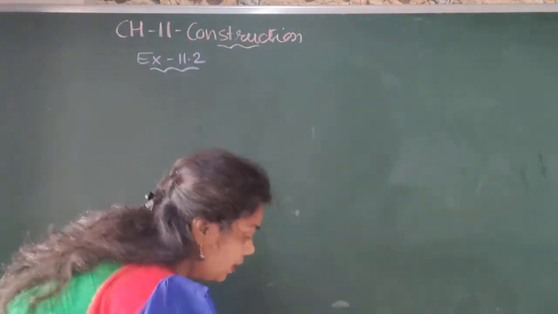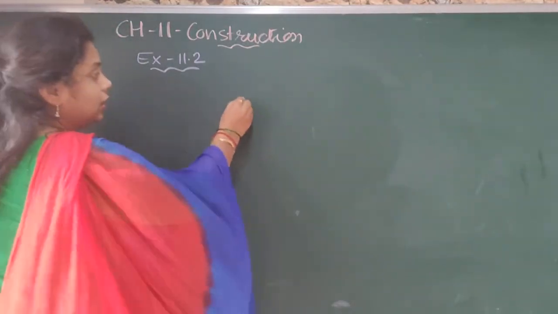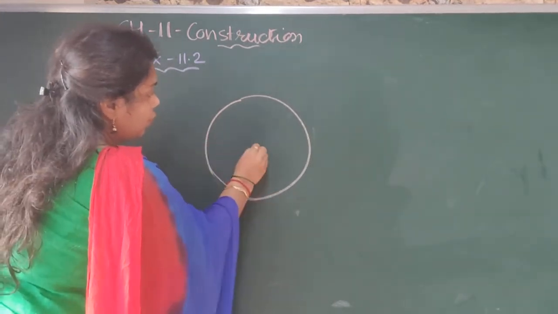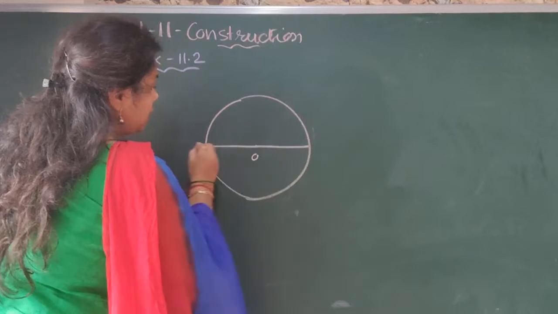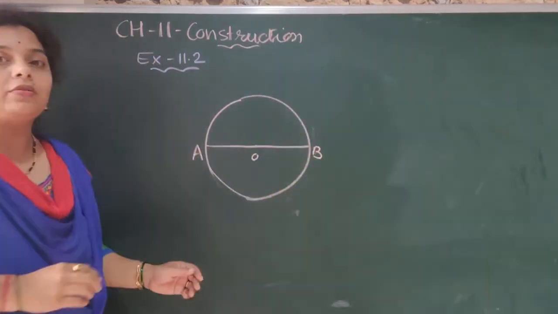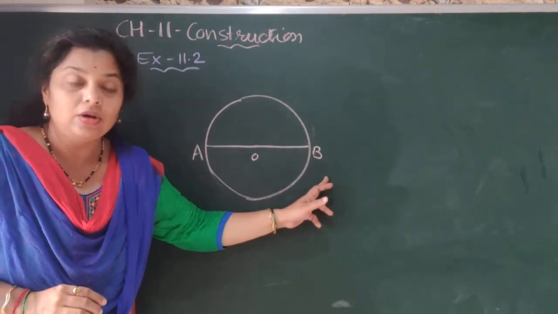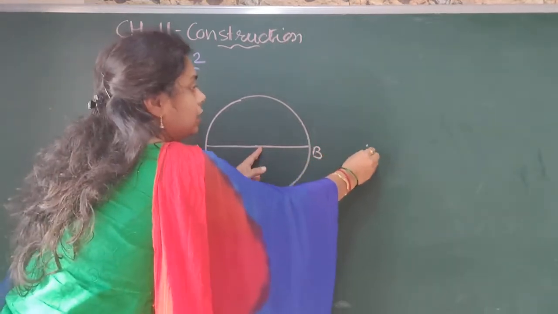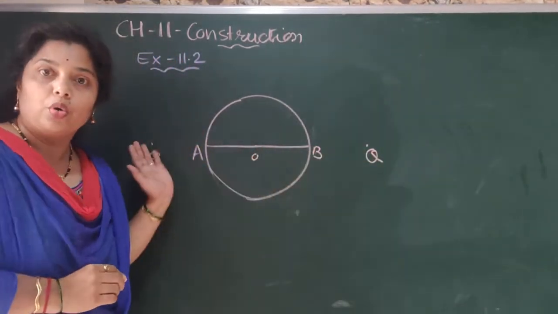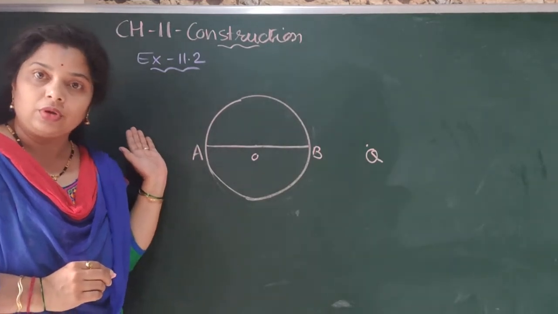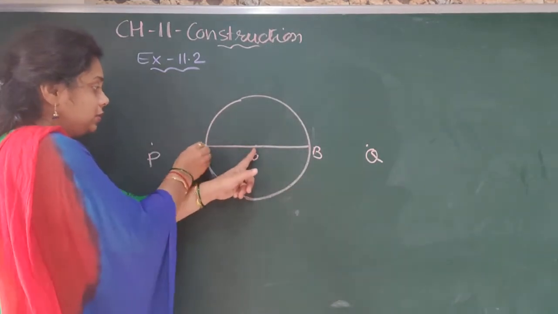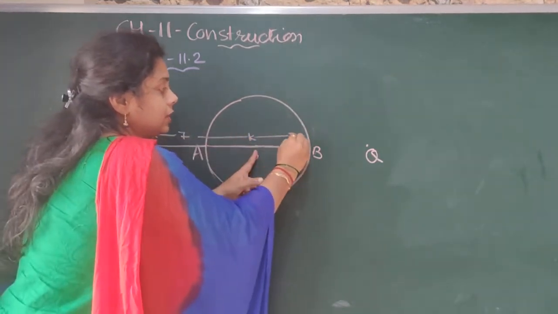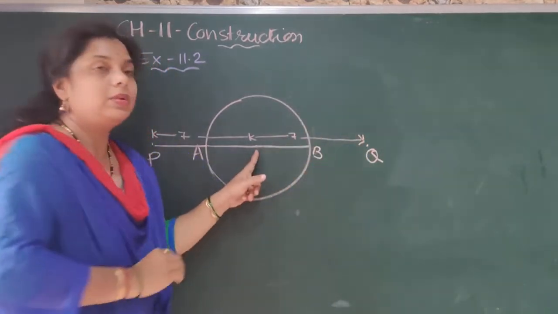So here they are asking that with a 3 centimeter circle, O is the center, AB is a diameter, and extending from the center on both sides, points P and Q are taken like this at both extremes of the diameter, which is 7 centimeter away from the center.